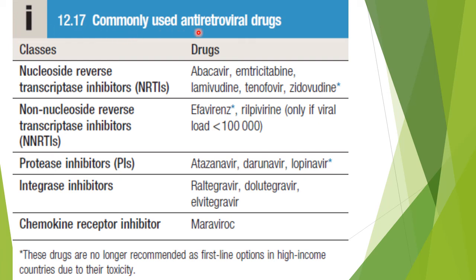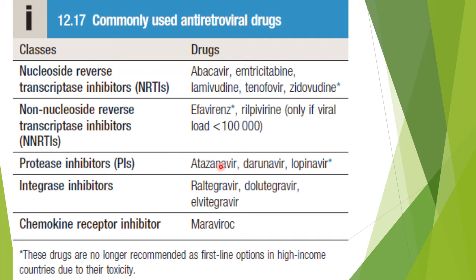So coming to the commonly used antiretroviral drugs, they are nucleoside reverse transcriptase inhibitors like abacavir, emtricitabine, lamivudine, tenofovir, and zidovudine. Non-nucleoside reverse transcriptase inhibitors, NNRTIs, like efavirenz and rilpivirine. So rilpivirine is used only if viral load is less than 100,000.